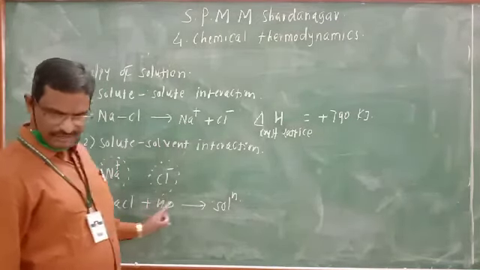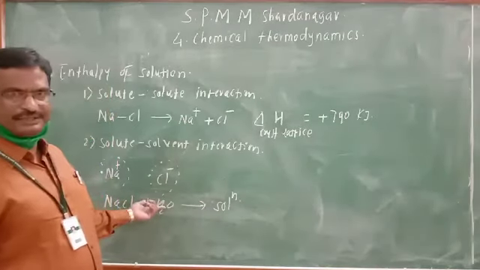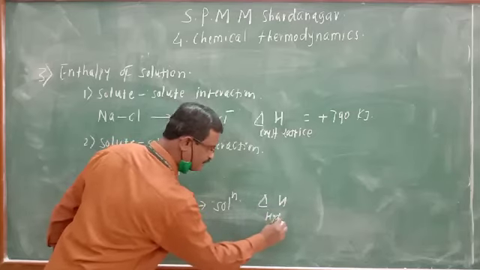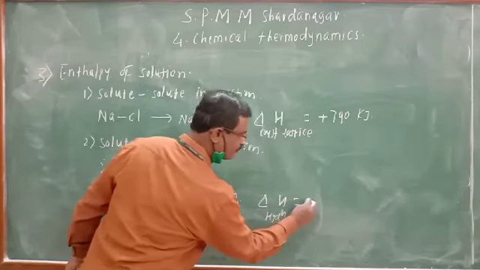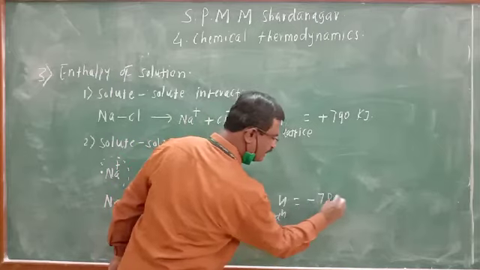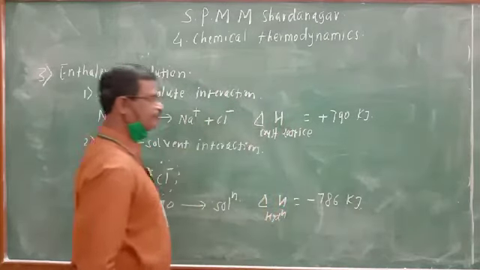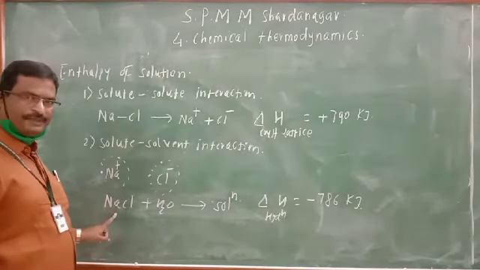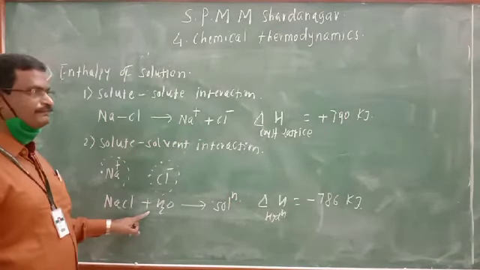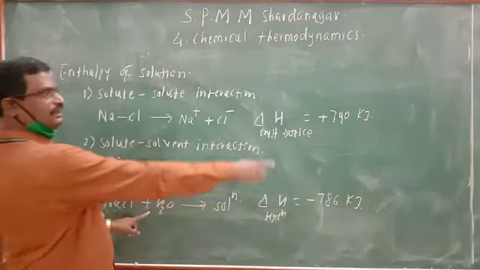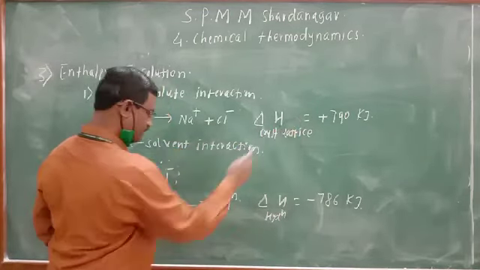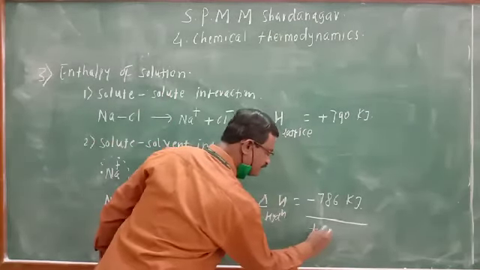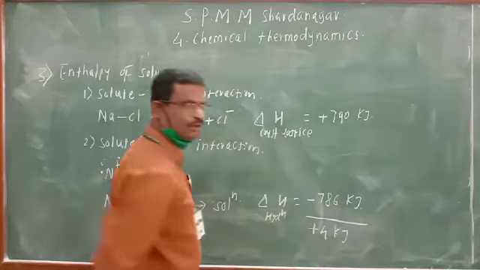Here the enthalpy of this process, enthalpy of hydration, delta H of hydration, is minus 786 kilojoule. Now what is the net change whenever 1 mole of NaCl is added to the water? This is the energy absorbed and this is the energy released. If we take the summation, it is equal to plus 4 kilojoule.